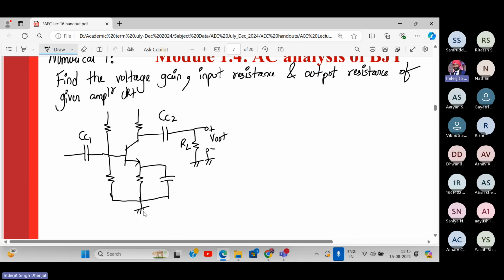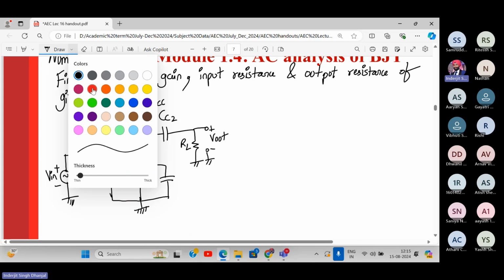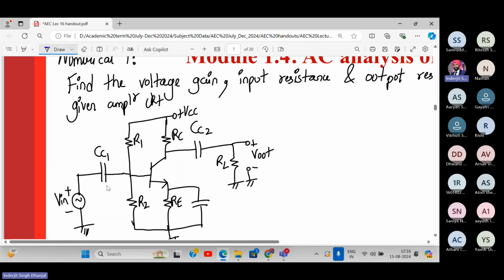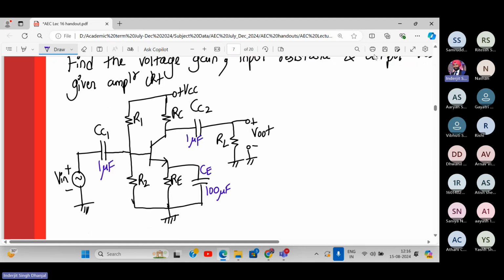These all go to the ground, and we have a voltage source, V in. This is supply VCC, R1, R2, RE, RC. The values I'm writing down: this is 1 microfarad, this is 100 microfarad. This is CE. And this is 1 microfarad.